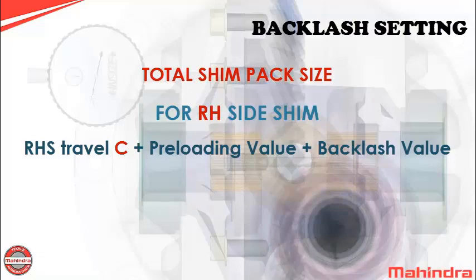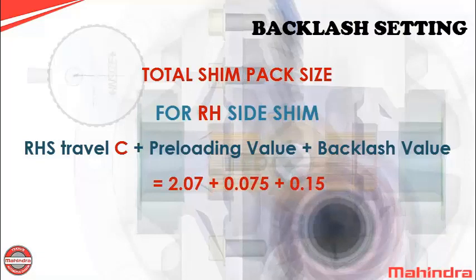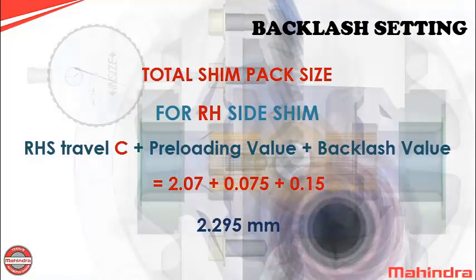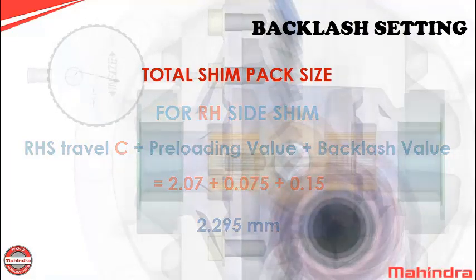Considering all these points, our final shim pack size is, for RH side shim, the right hand side travel C plus preloading value plus backlash value, that is 2.07 plus 0.075 plus 0.15, that is 2.295. Right hand side shim is equal to 2.295 mm.